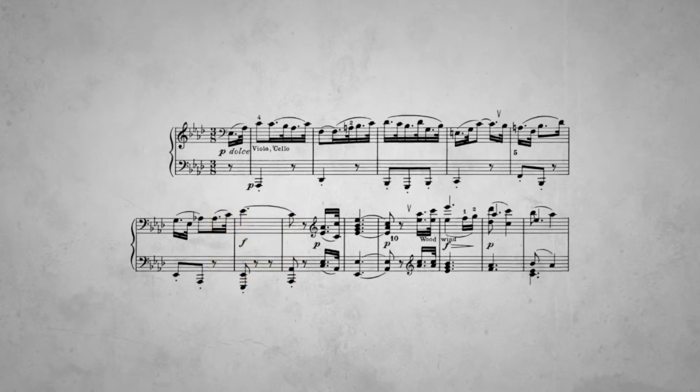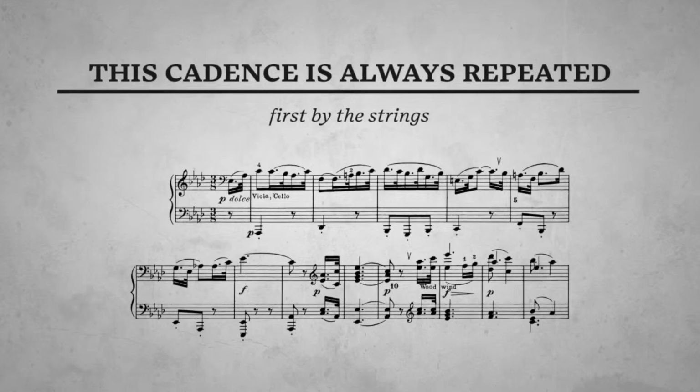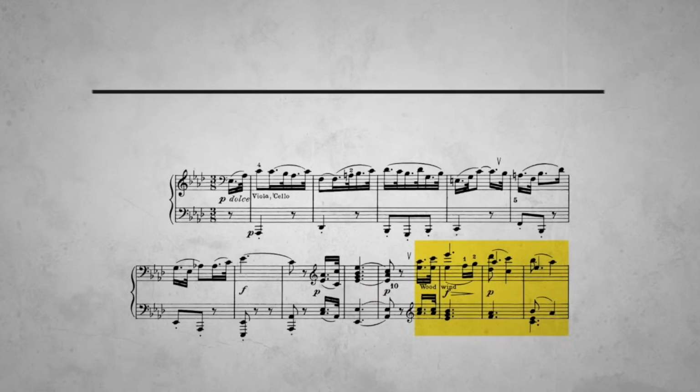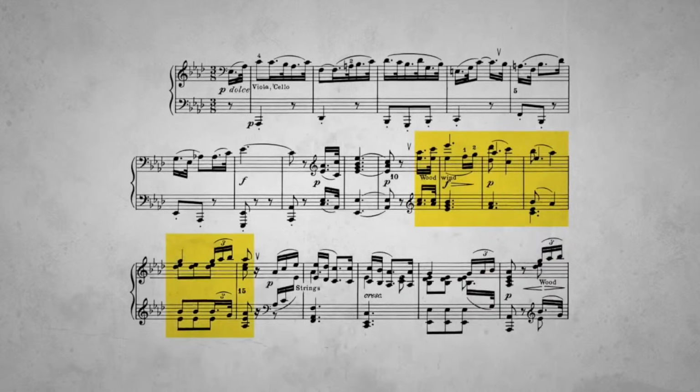And this cadence is now repeated twice, first by the full string section, and then, like a gentle echo, repeated by the woodwinds, which then continue like so, very gently, with a little cadence.